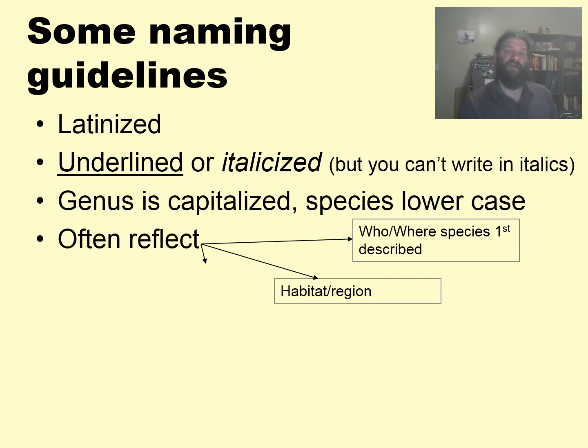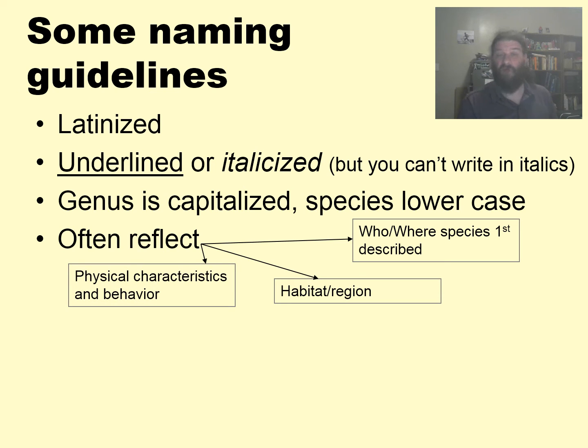Sometimes they will also indicate where the organism lives, both geographically, what part of the planet it's on, or where in the ecosystem it is, where in the environment. Is it tops of trees, bottom of trees, underwater, under rocks? Does it run? All those kinds of fun things. Speaking of running, that would be more of a behavior. And that's really what they mostly reflect, the morphology and behaviors of the organism itself.